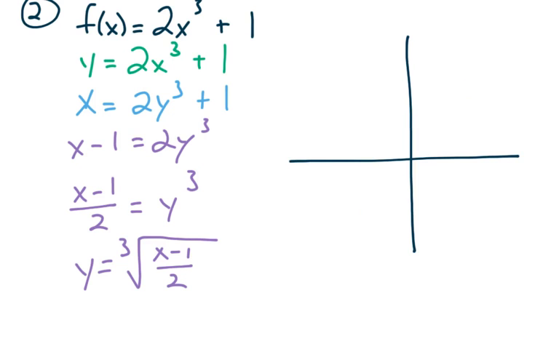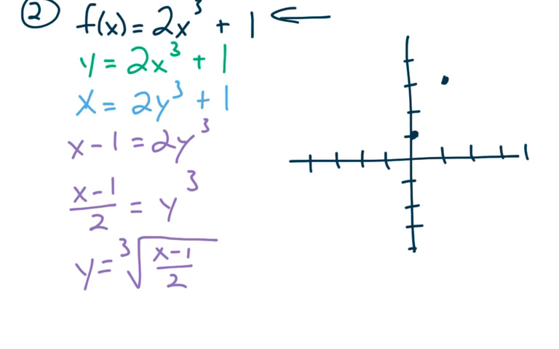You know what? I'm being lazy here. Let's not do that. Let's actually come up with some ordered pairs. I'm going to do the black one here. If I plug in 0, what I get for a y value is 1. If I plug in 1, my y value is 3.